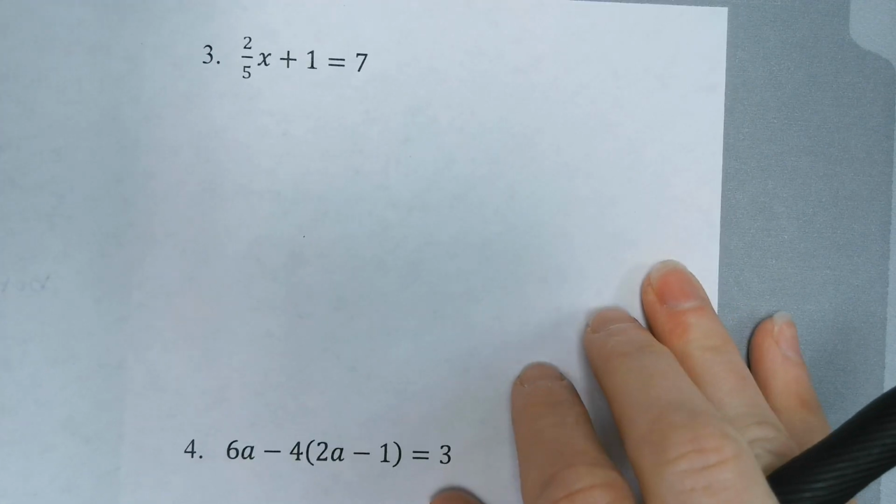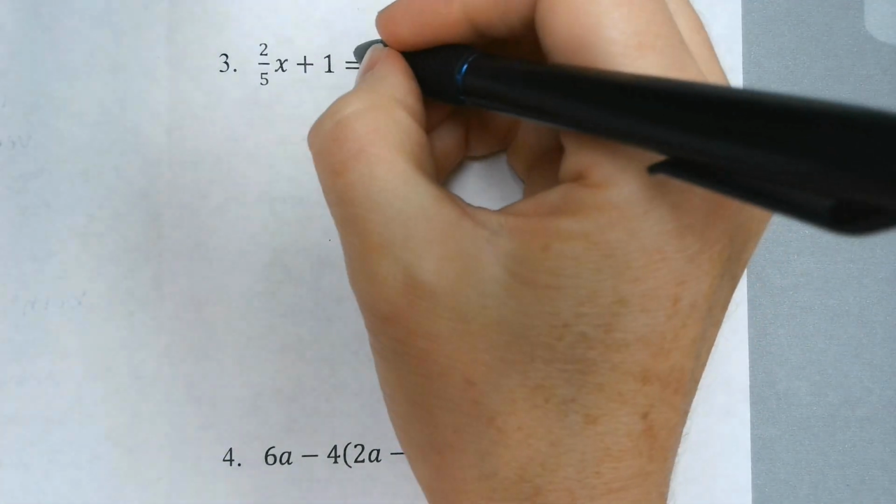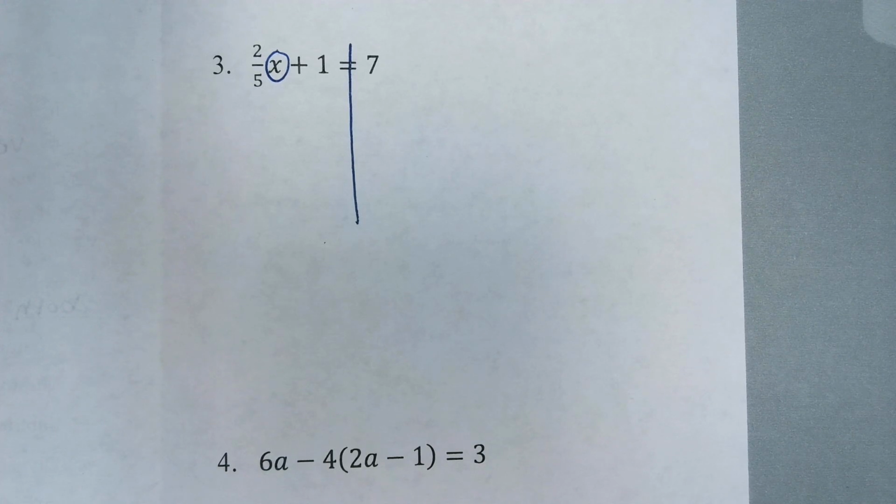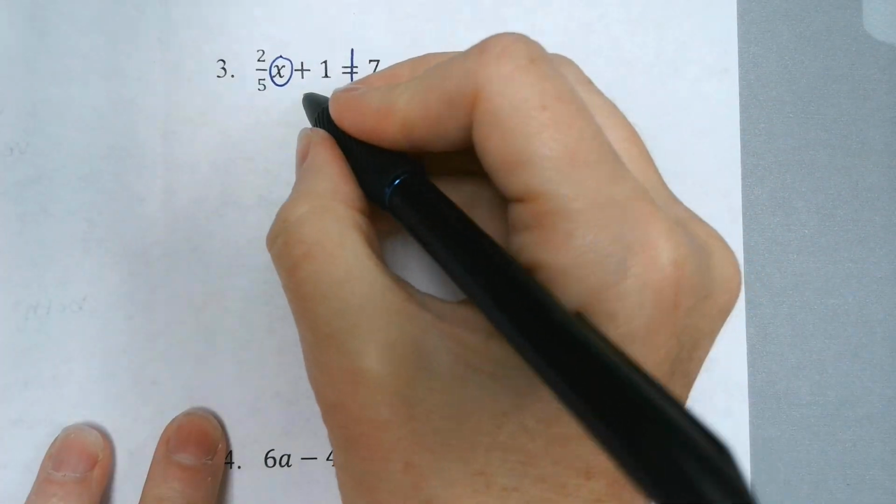Okay, let's go to number 3. We need to get the x term by itself. Do the add and subtract first. So we're going to subtract 1 on both sides.